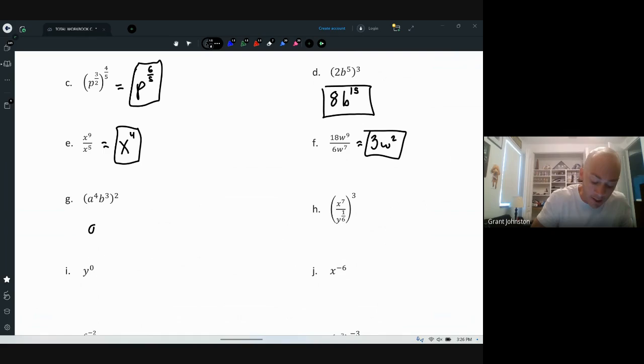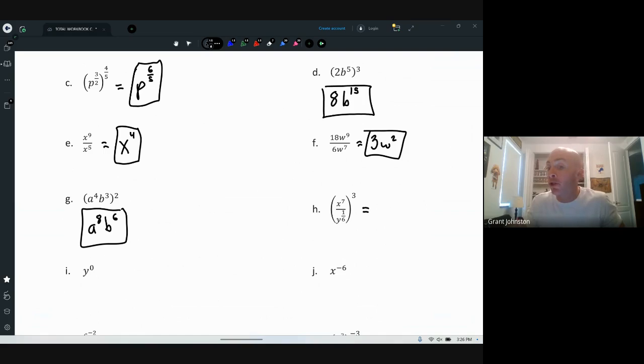So we're going to have a to the 8th, b to the 6th. This is similar, just don't forget to multiply it to the denominator's exponent as well. x to the 21 on the top, and then 3 times 1/6. Again, you can use the calculator, or write it out. 3 times 1/6 would just be 1/2.